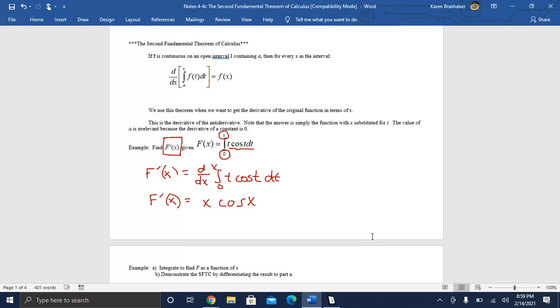So you have found the derivative of that antiderivative. So f prime of x would equal x times the cosine of x.